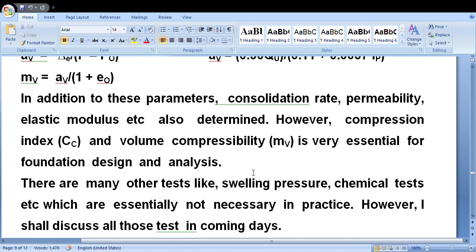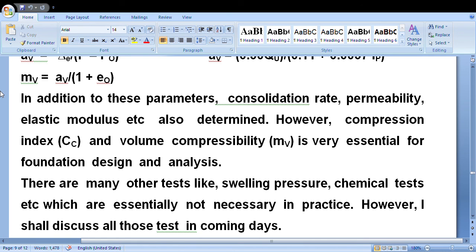Because in the laboratory, in confined condition, permeability is not exactly measured. We remold the test specimen to a certain density and make it saturated, and it goes through a porous plate.